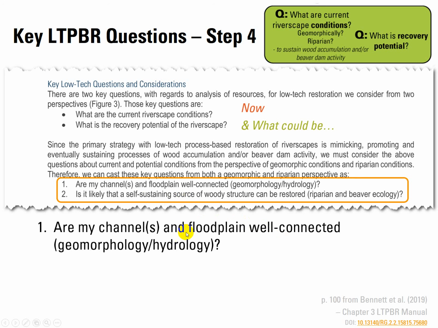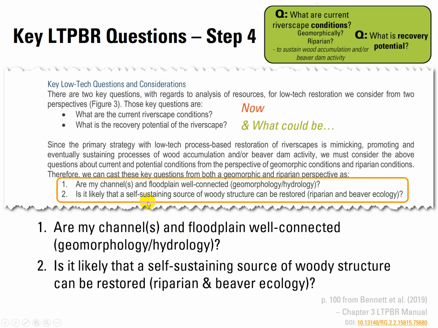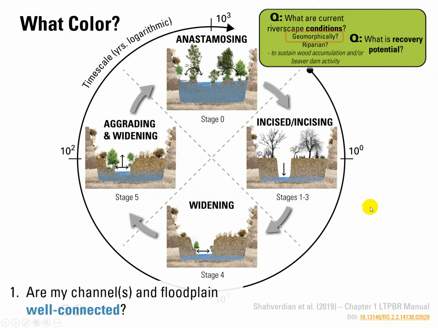And also from a vegetative perspective. In the case of this structural forcing, is it likely that a self-sustaining source of woody structure can be restored, i.e. the riparian and beaver ecology question? So this first question: are my channel or channels and floodplain well connected?